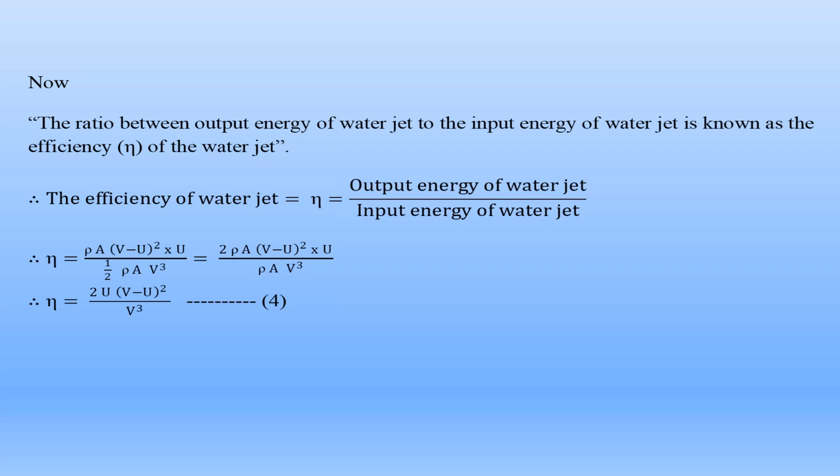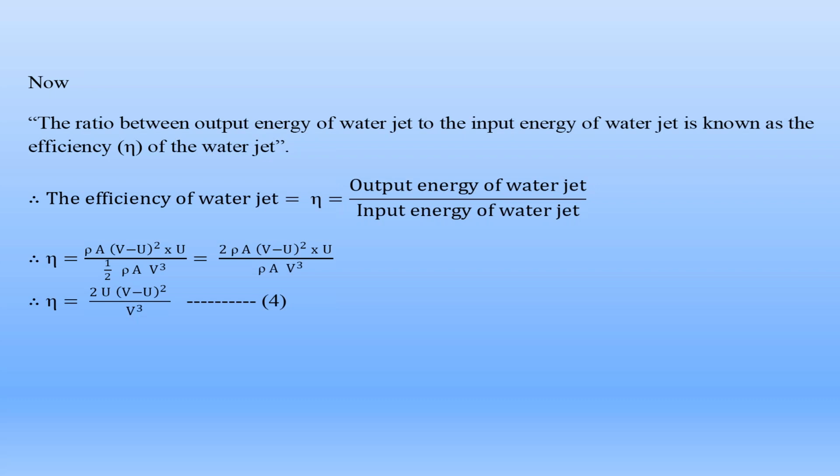What is the input energy of the water jet? The initial kinetic energy of the water jet per second, that is equal to half rho A into V cube.